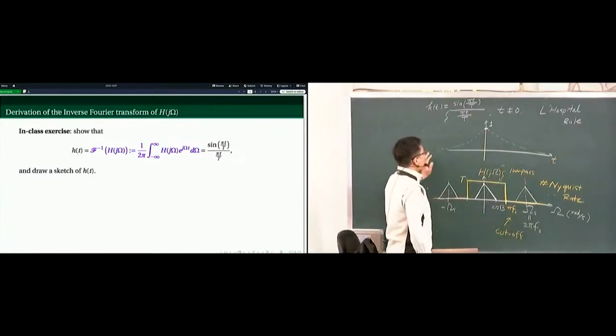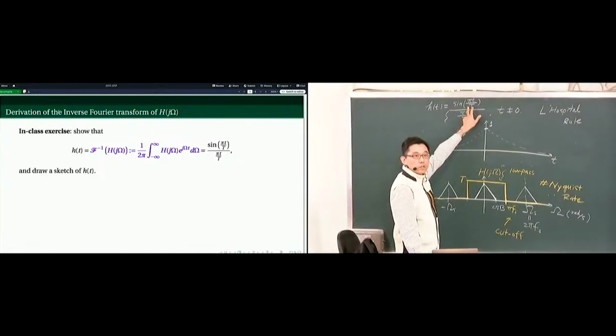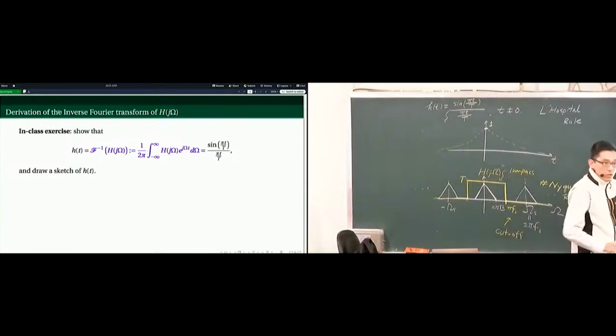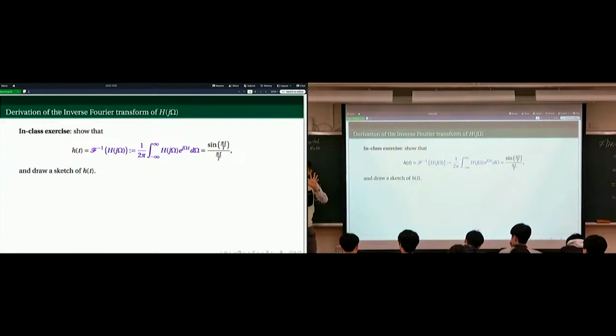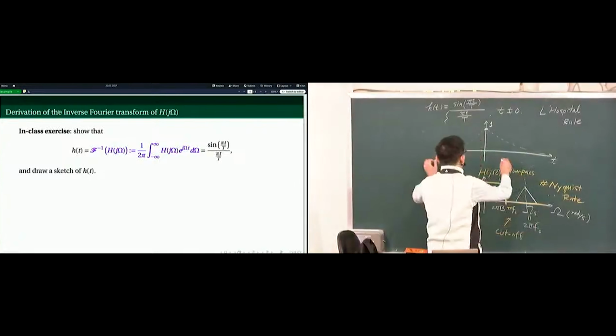The next thing is to figure out the zero crossings of h of t. H of t is going to cross 0 infinitely many times, because there is a sine component on top, so it's going to alternate sign.